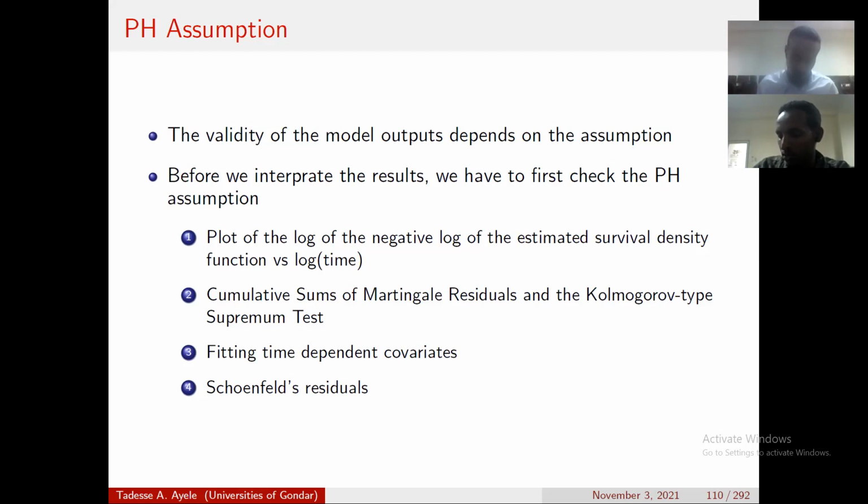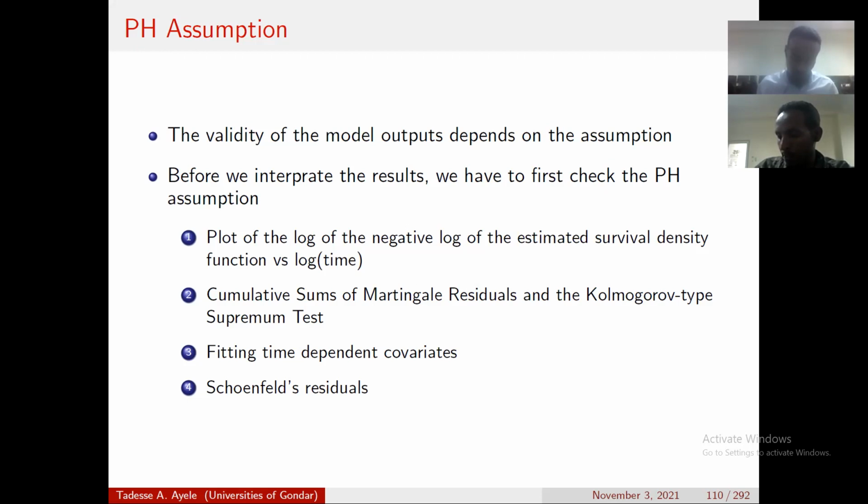The second one is the semi-parametric method, and the semi-parametric one is the regression model. As the name indicates, semi-parametric means the model has both parametric and non-parametric components. So the systematic component is parametric, and the random component is the non-parametric one.